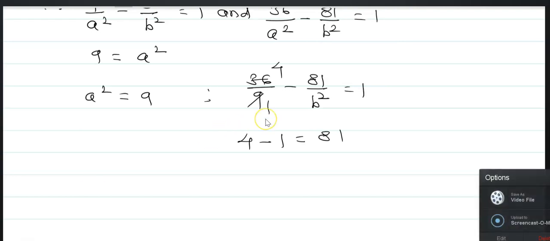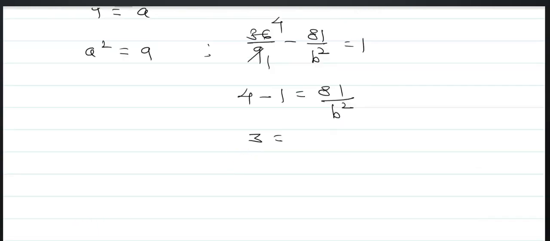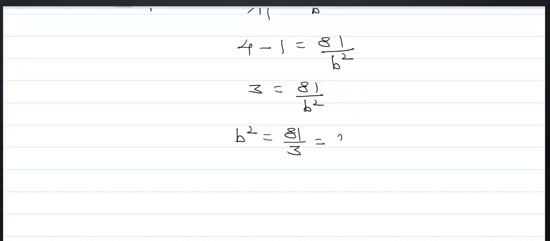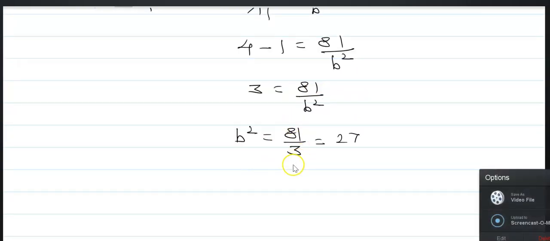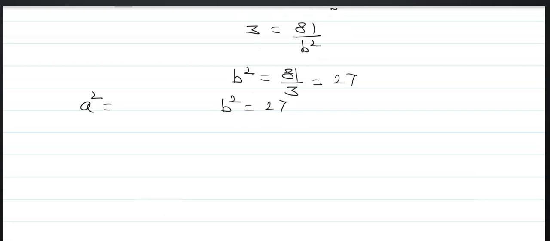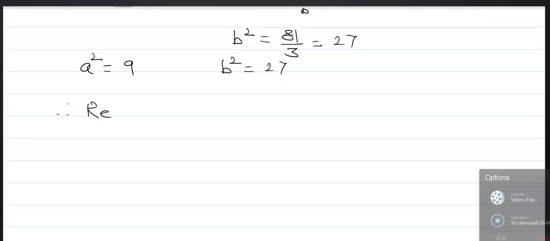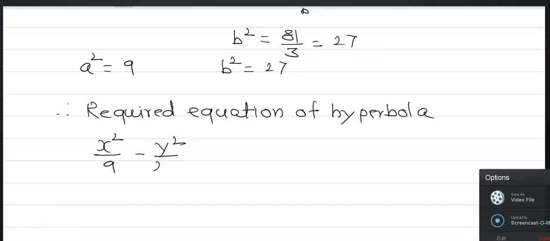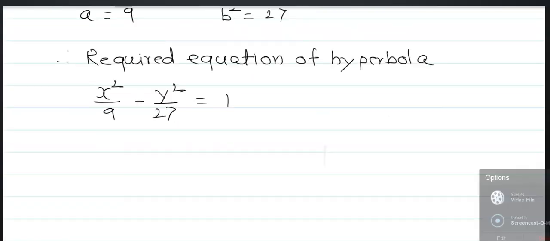If you simplify it, then you will get 4 minus 1 equals 81 upon b square. Therefore, b square equals 81 upon 3, that is equals 27. A square is 9. Therefore, the required hyperbola is x square upon 9 minus y square upon 27 equals 1.